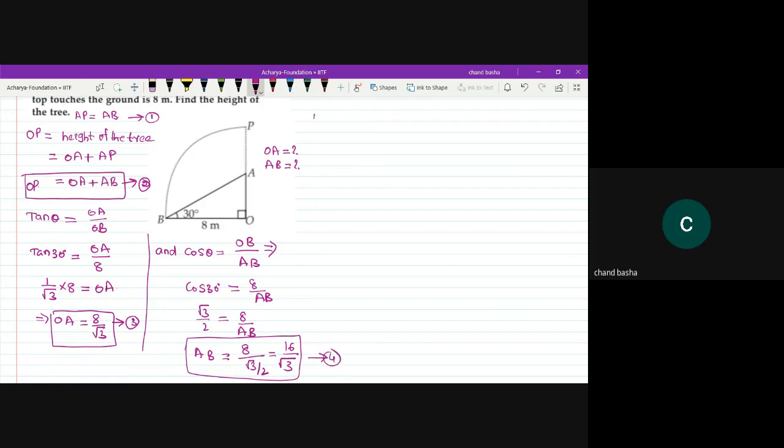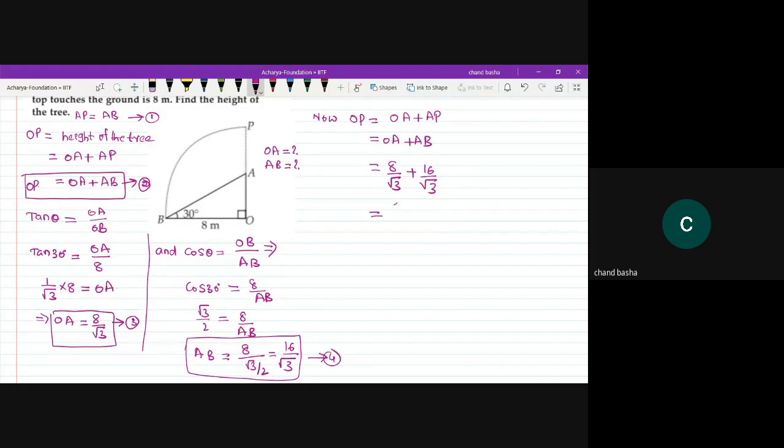Now we are going to find OP, which is equal to OA plus AP. As I said, it is OA plus AB. OA value is 8 divided by root 3 and AB value is 16 divided by root 3.